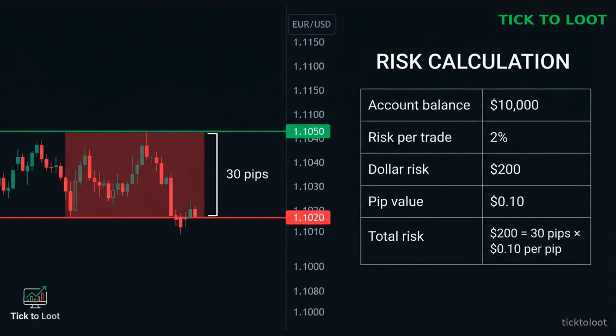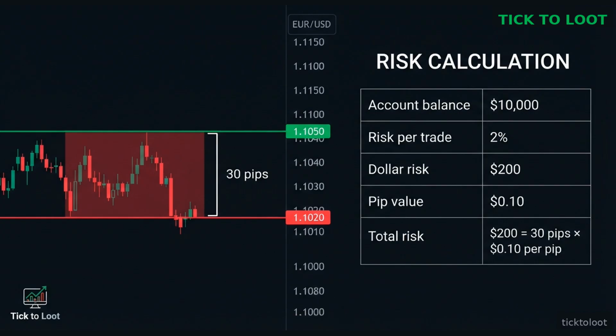Plugging in our numbers, pip value equals $200 divided by 30 pips, which equals about $6.67 per pip. However, most platforms calculate pip value based on lot size, so we'll reverse the process later. For now, we know that if the price moves against us by 1 pip, we would lose $6.67. And if it moves 30 pips to our stop-loss, we lose the full $200.